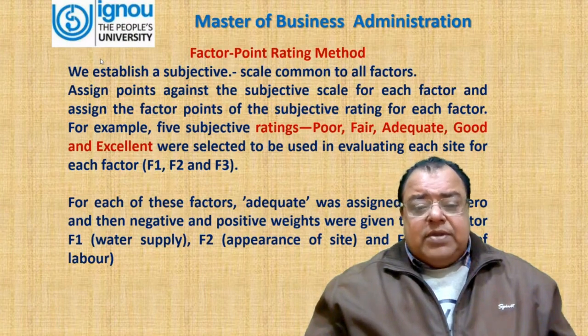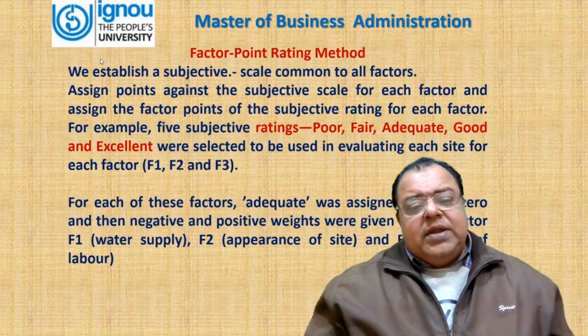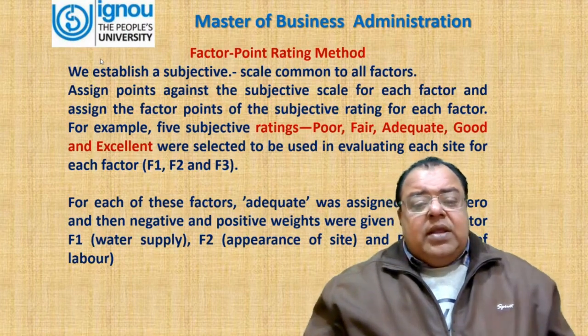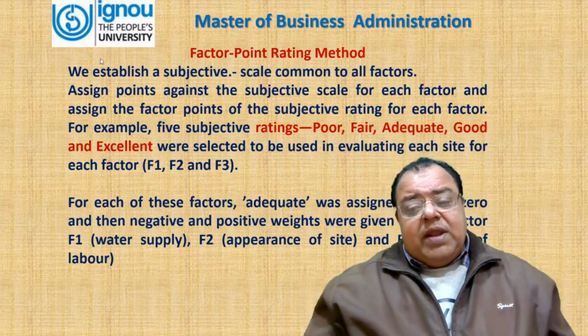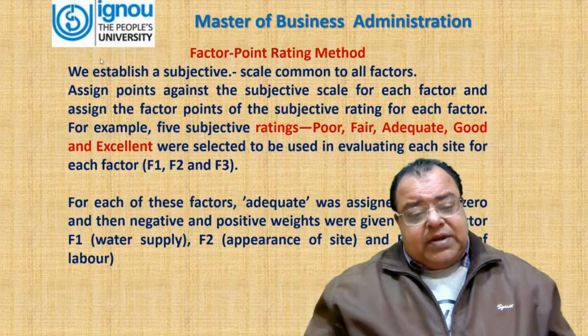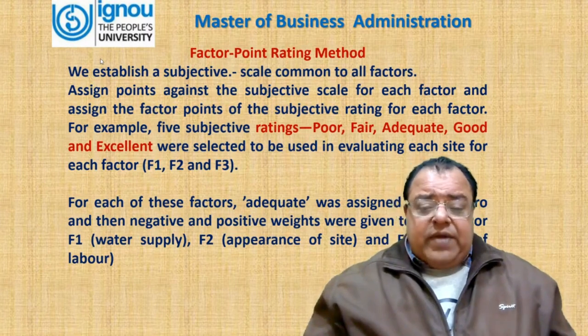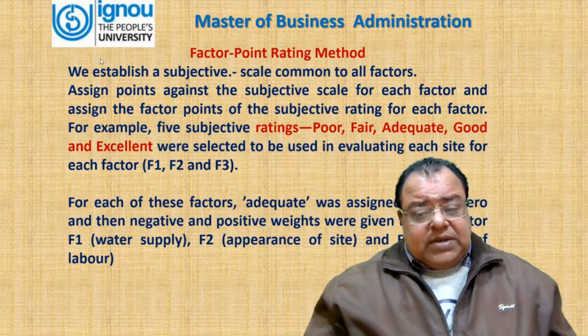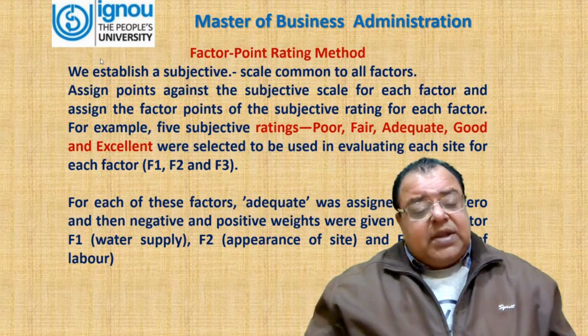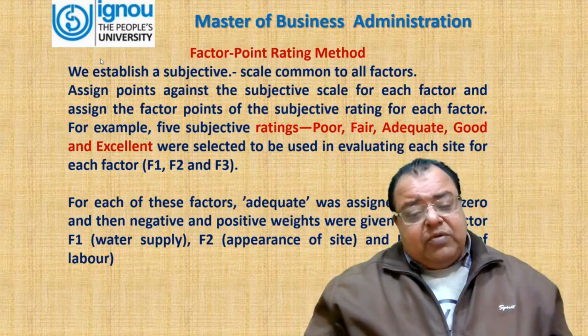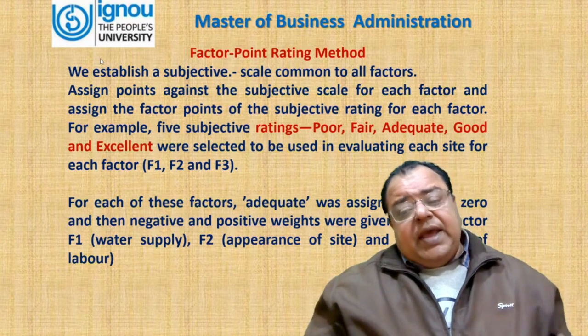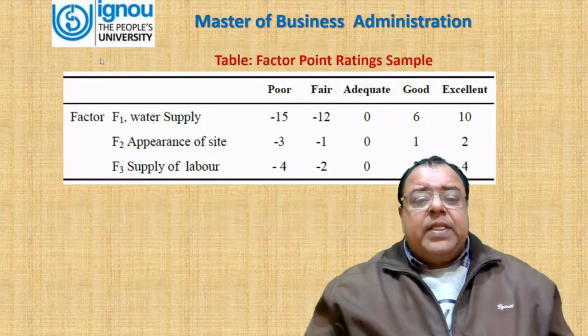For example, five subjective ratings, poor, fair, adequate, good, and excellent, were selected to be used in evaluating each site for each factor. For each of these factors, adequate was assigned a value 0, and then negative and positive weights were given to each factor: F1, water supply, F2, appearance of site, F3, supply of labor.